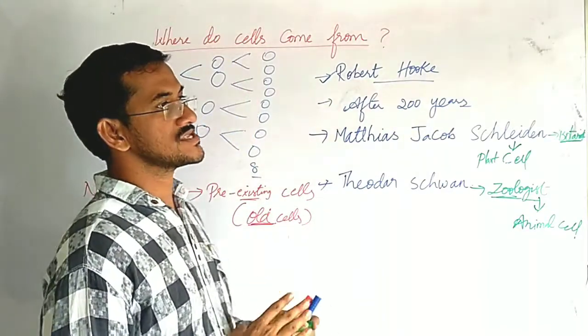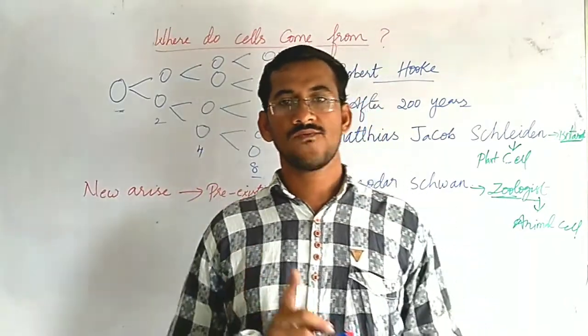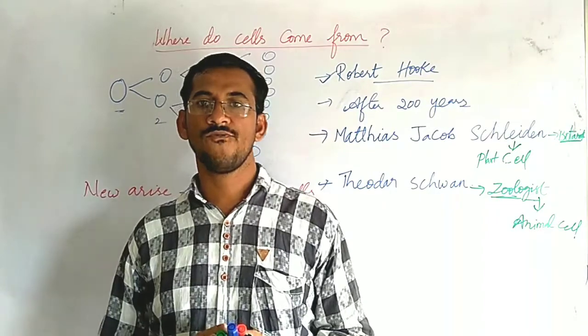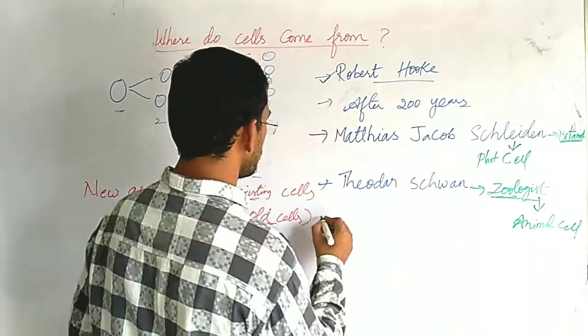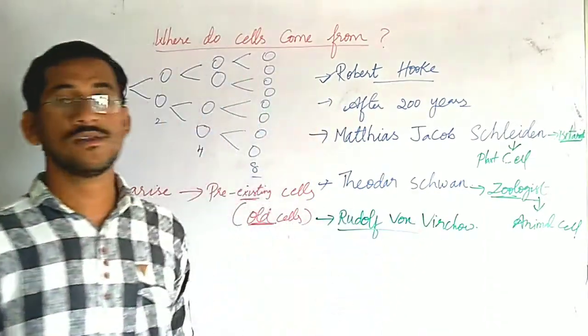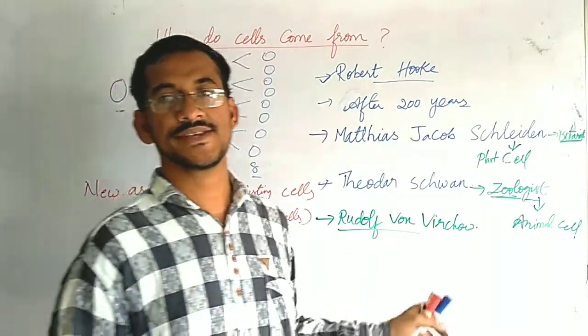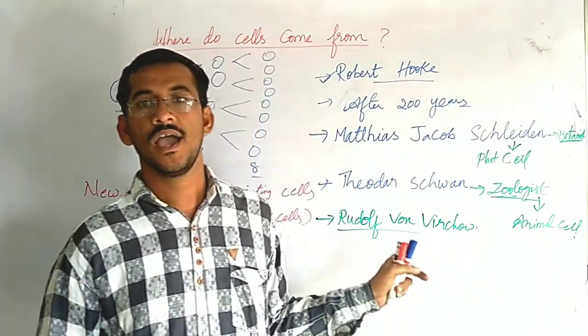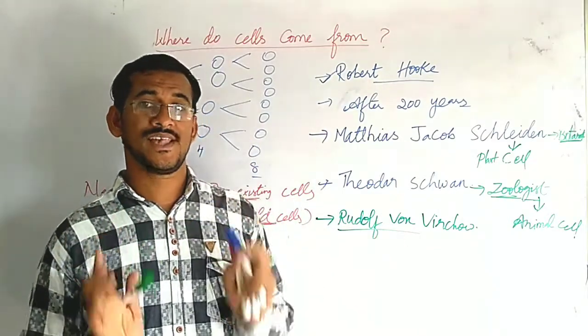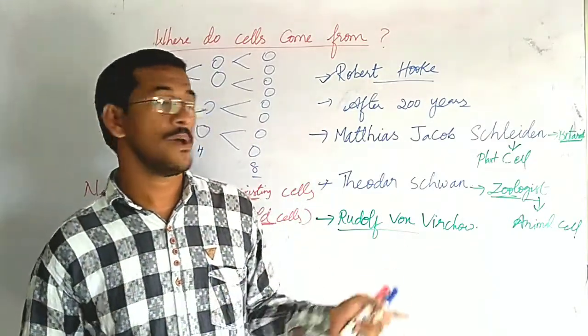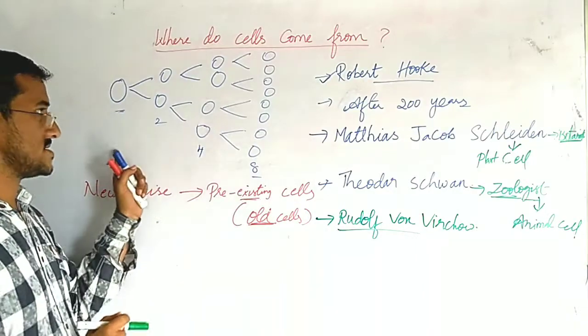After they proposed cell theory, one more scientist came, Rudolf von Virchow. Later on, Rudolf von Virchow said that new cells arise from pre-existing cells.